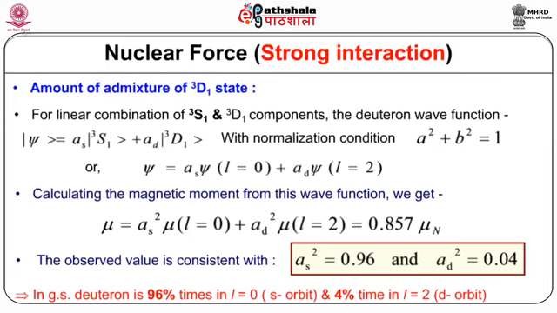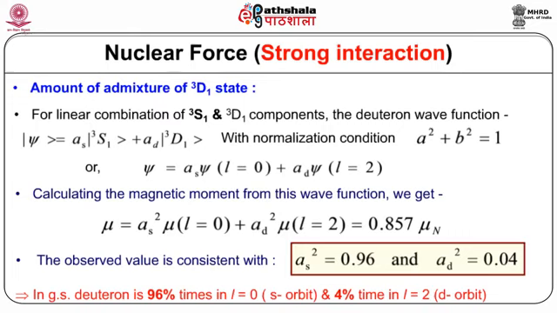m is equal to I. So calculating the magnetic moment from this wave function, we get mu is equal to A_s squared mu(L=0) plus A_d squared mu(L=2), that is equal to 0.857 mu_n. The observed value is consistent with A_s squared equal to 0.96 and A_d squared equal to 0.04.